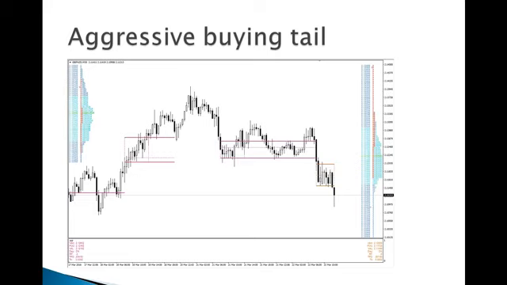So now the next step would be to see where the New York session starts and whether you can get an initial balance extension to the upside. Hopefully you're following me. So you have an aggressive buying tail during London. You had a bearish open, but you have an aggressive buying tail. And then the London session ends.